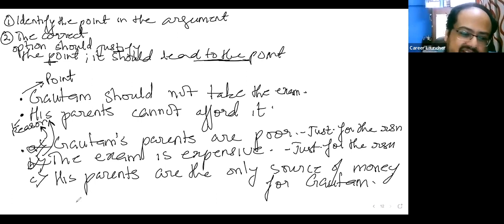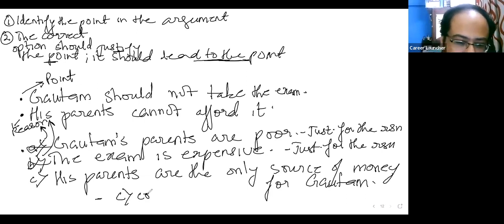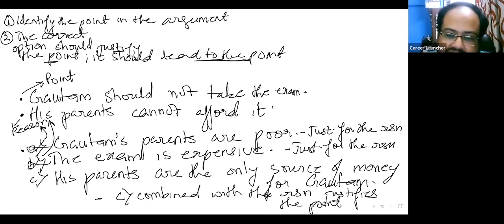Now, option C says his parents are the only source of money for Gautam. Option C combined with the reason justifies the point.